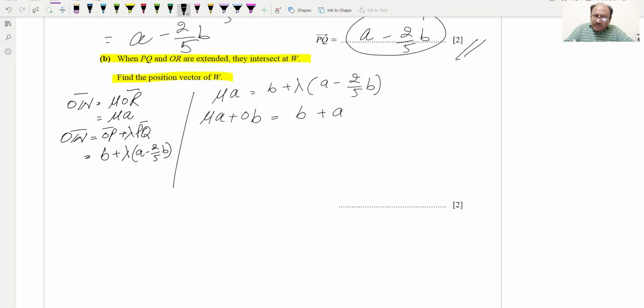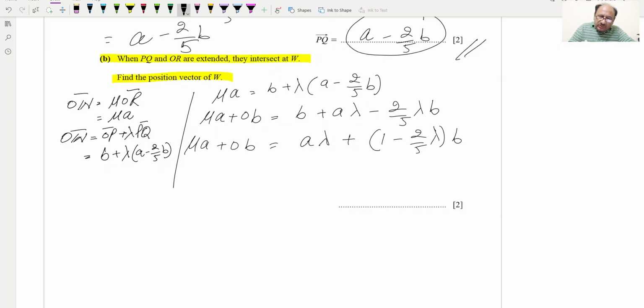So B plus A lambda minus 2 by 5 lambda B. Now A and B we need to compare, so we will combine this B and B. So we can write A lambda plus B taken out, so it will be 1 minus 2 by 5 lambda, and B will be outside, and this side is having mu A plus 0B.